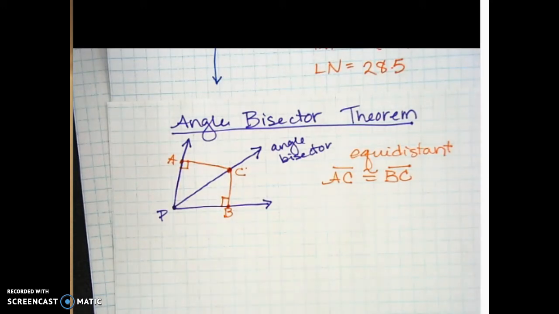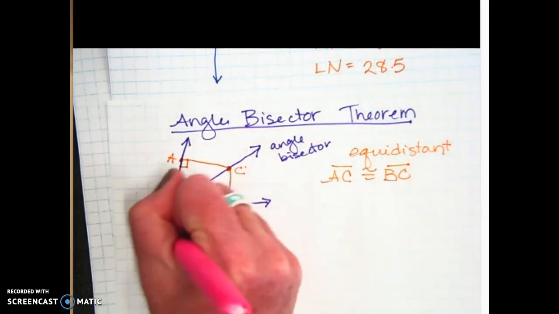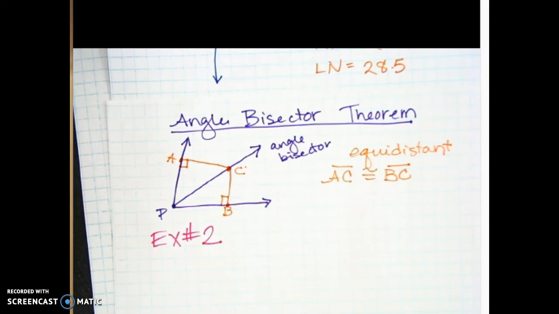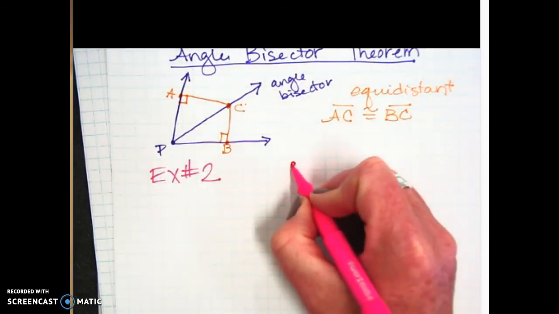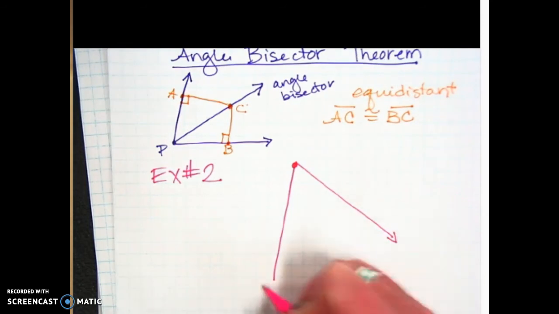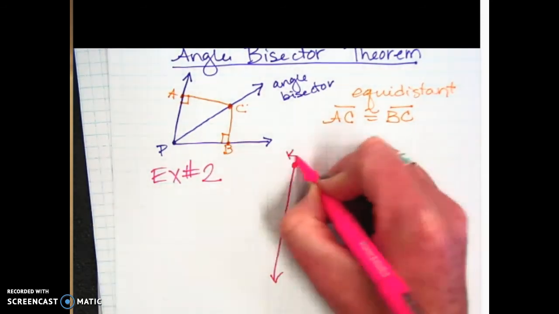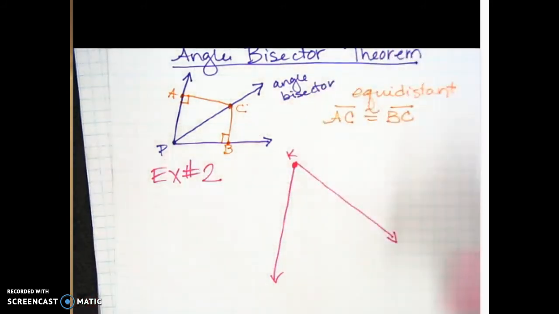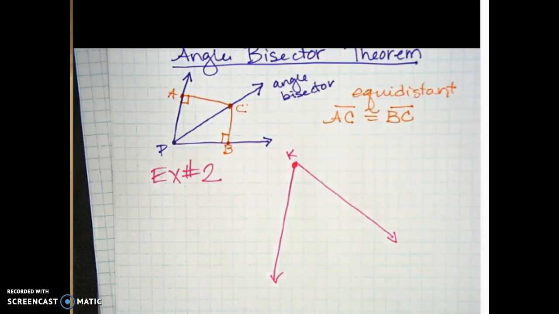So let's look and see an example that you're probably going to see on your assignment. We'll call this example number 2. And we're going to need an angle. So we'll call the vertex K. We're going to pretend like we have an amazing compass. We draw our arcs.